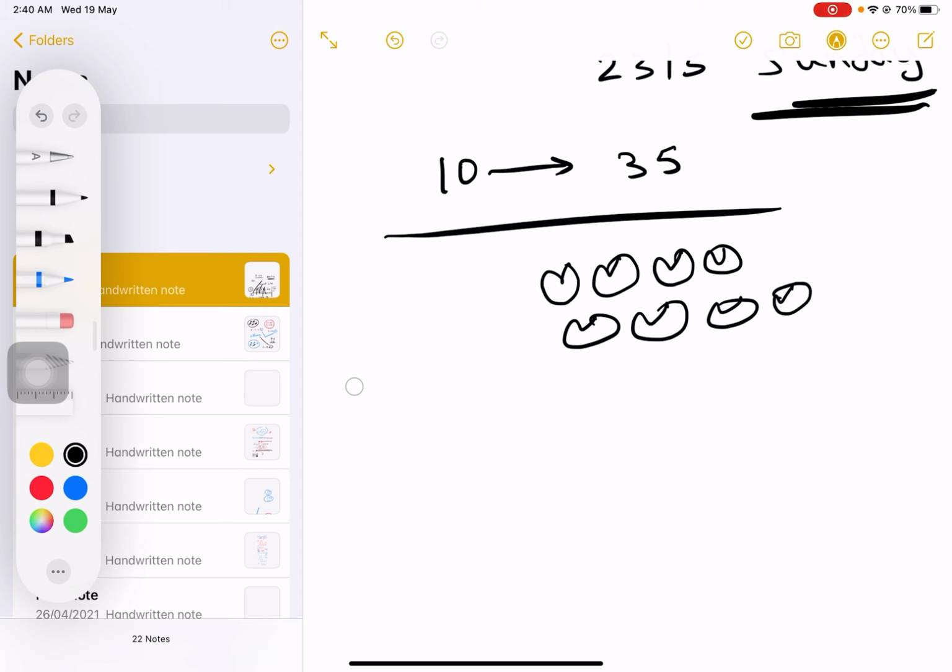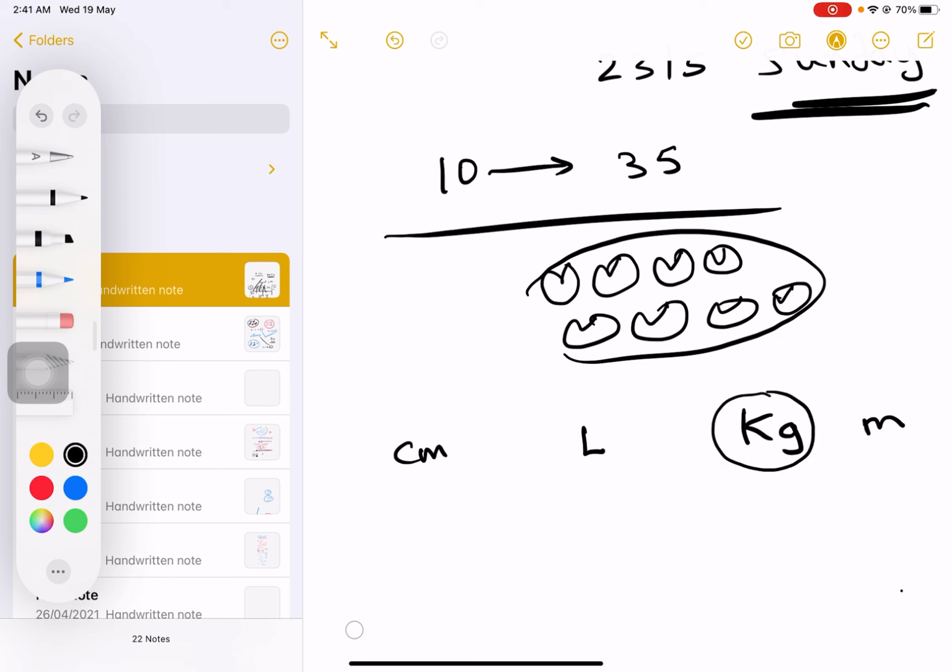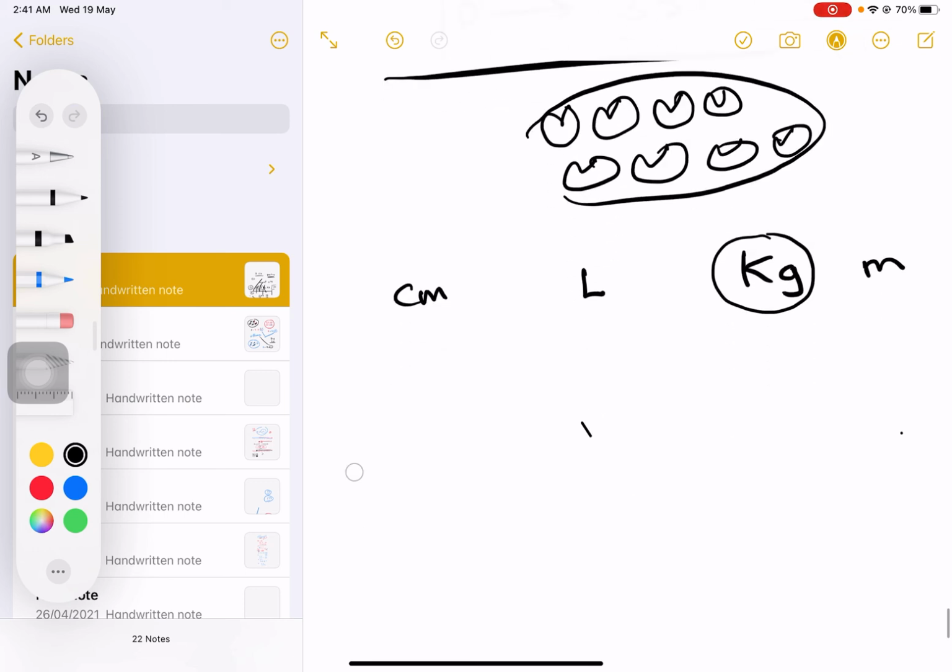Okay, next Sunday. The exam will be from page 10 until page 35. For example, I will draw apples for you, and I will ask, if you want to measure these apples, what unit are you going to use? Are you going to use centimeters? Are you going to use liters? Are you going to use kilograms?